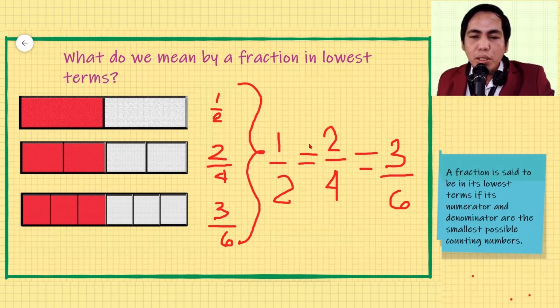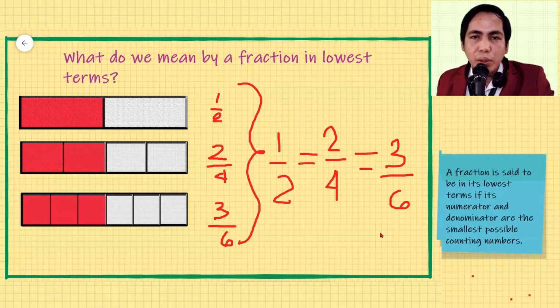Now, among these 1/2, 2/4, and 3/6, 1/2 is the lowest term or the lowest form because it uses the lowest possible whole number for its numerator and the denominator. But the question is, can we use any number to represent the lowest form of a given fraction?